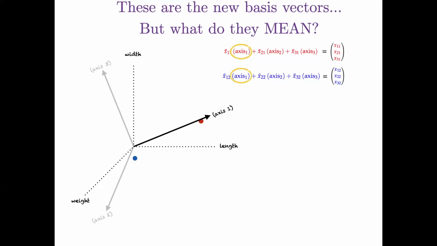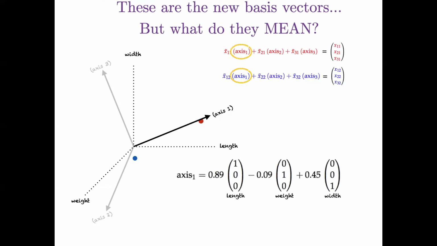So just looking at axis 1 here, I'm going to give you these numbers. I'll tell you these numbers came out of my head and with a little help from a computer. These are not numbers that you would have to come up with on your own. They will always be given to you. The computer tells me this axis I picked is 0.89 times length minus 0.09 times weight.